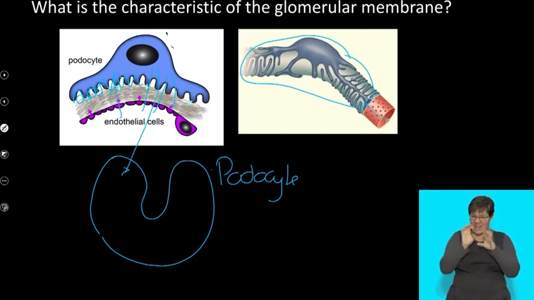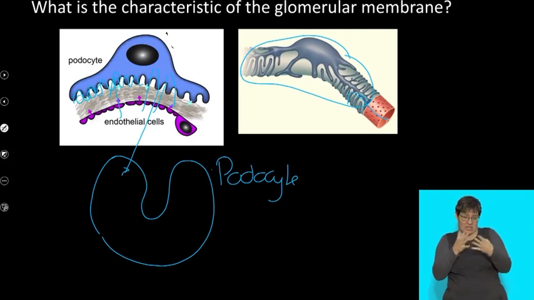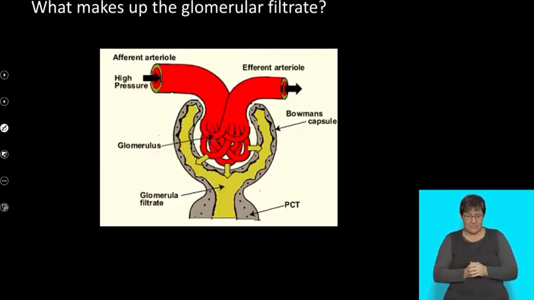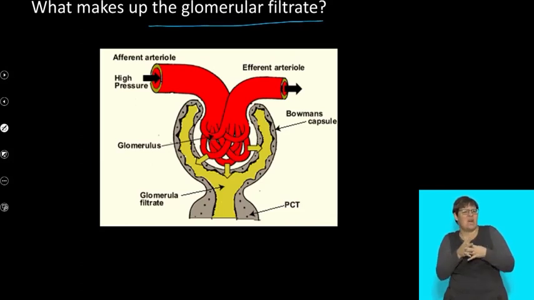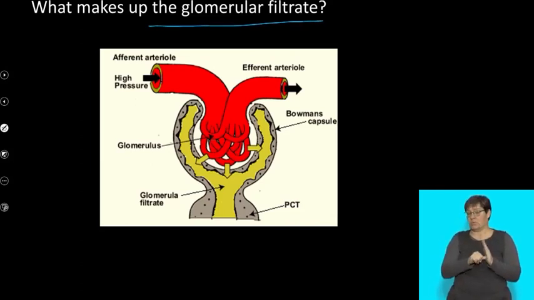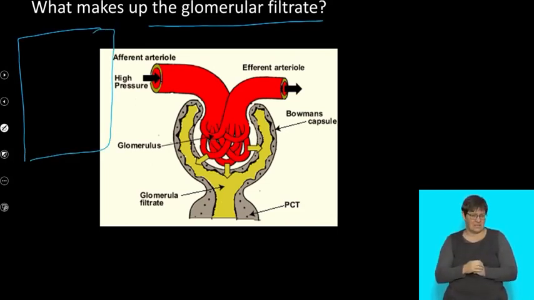Here's the blood vessel, right? So everything can go through these filtration slits. Now, if I look at this, what do I filter? This is really important. What must be here? Now, if I have a very thin layer here, and I have a very thin layer over here, size matters.